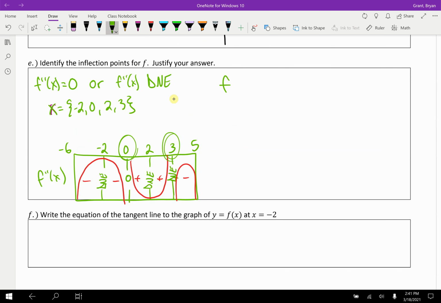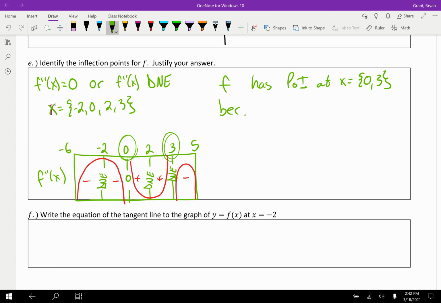So f has points of inflection at x equals 0 and 3. Justify, because, well, how did we know the signs of f double prime? We actually don't want to read straight through our sign chart here, because the graders would say, if you tell them, because f double prime changes from negative to positive or positive to negative, their question would be, how do you know anything about f prime?